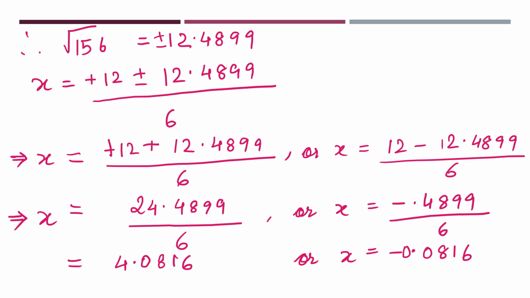X is equal to 24.4899 upon 6, or x is equal to minus 0.4899 upon 6. So we get the answer as x is equal to 4.0816, or x is equal to minus 0.0816. Okay, we have to give the answer correct to 3 decimal places, children.